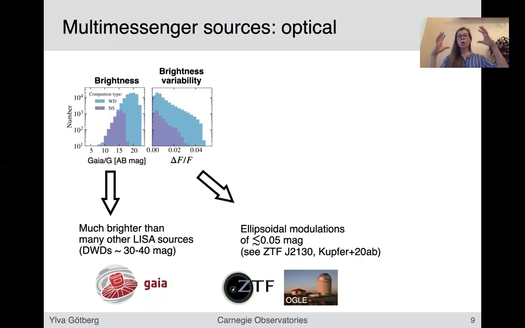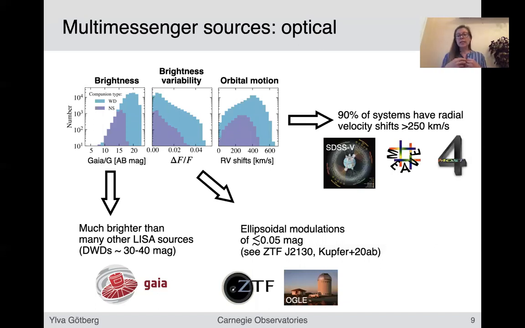They are also thought to be deformed because of tidal forces, and as the binary orbits and the stars move in the orbit, you can see more or less of the star, which leads to a brightness variability. This kind of ellipsoidal modulation is the way that Thomas Kupfer and his collaborators could find, for example, CTFJ2130.